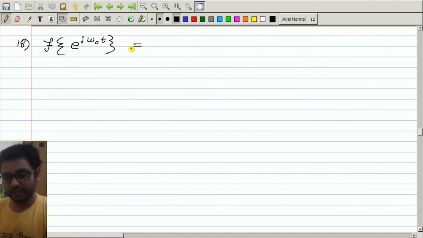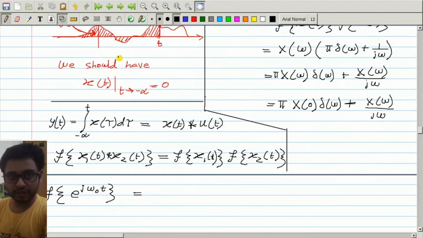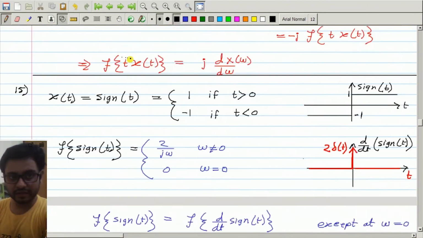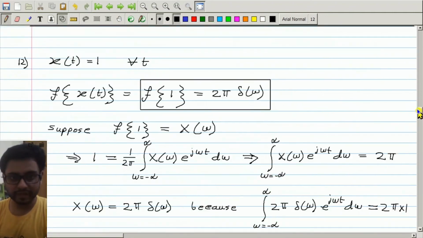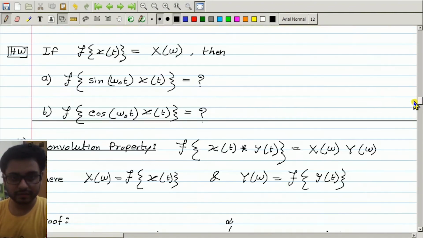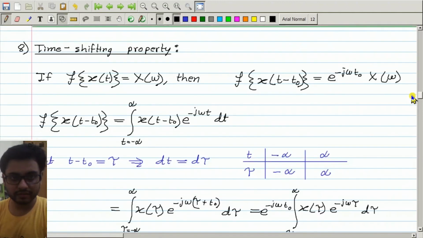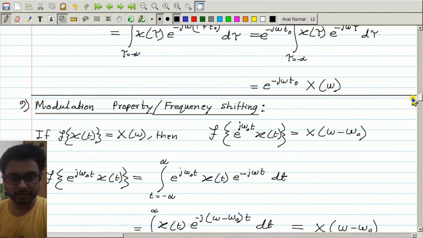For this, we will use the property. Let me go back. Here, the modulation property. Fourier transform of any signal multiplied with e to the power j omega naught t is equal to capital X of omega minus omega naught.